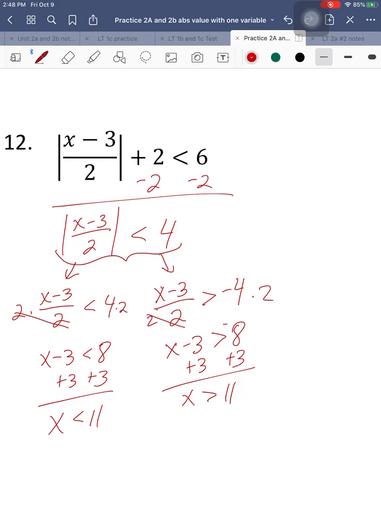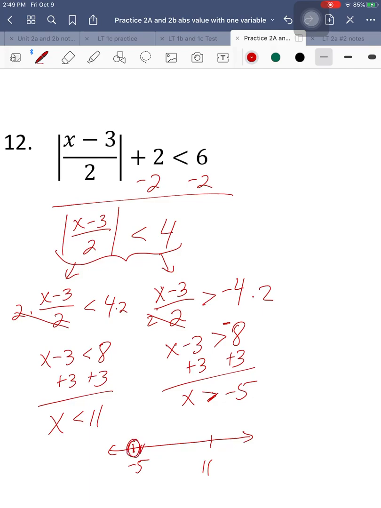Interesting. Oh, no, I made a mistake. My bad. Made a mistake. Doing this too fast. -8 plus 3 is -5. Alright, let's do a number line to see if there's an and or an or problem. -5 is less than 11 on a number line. So on a number line, it would appear to the left.